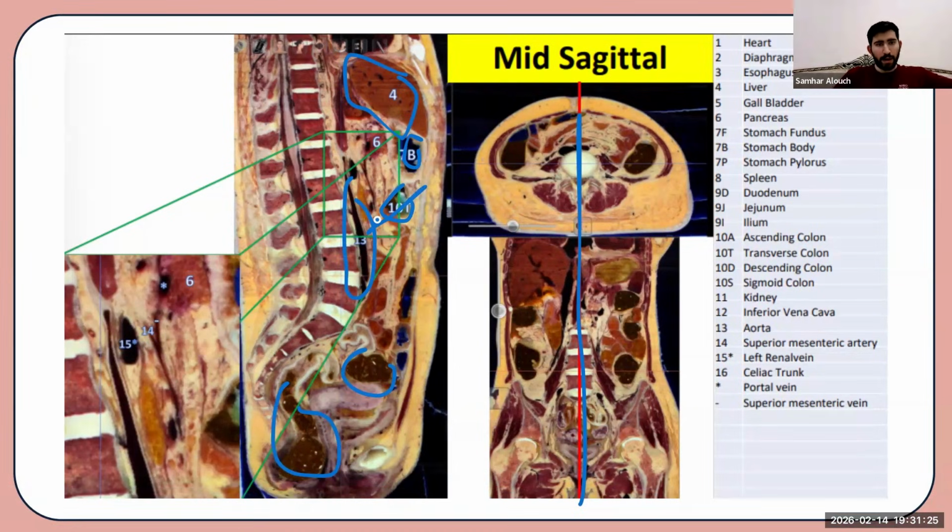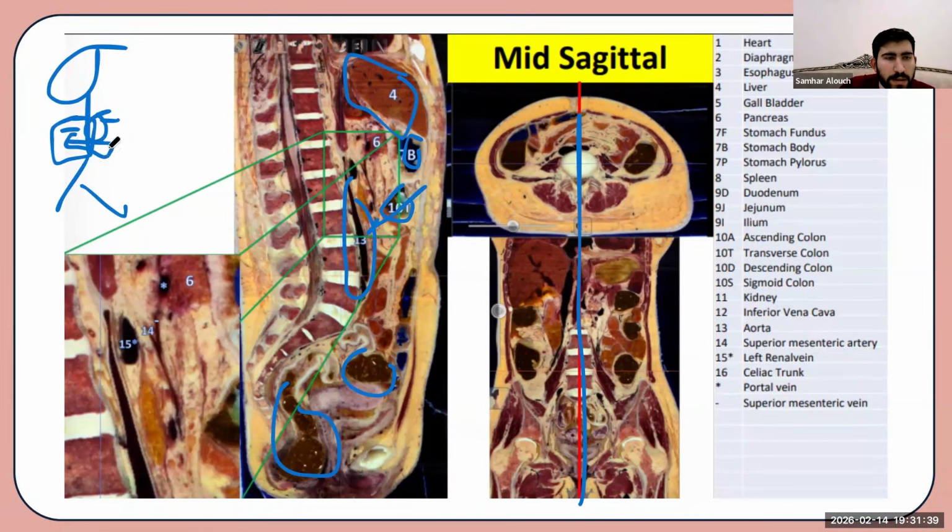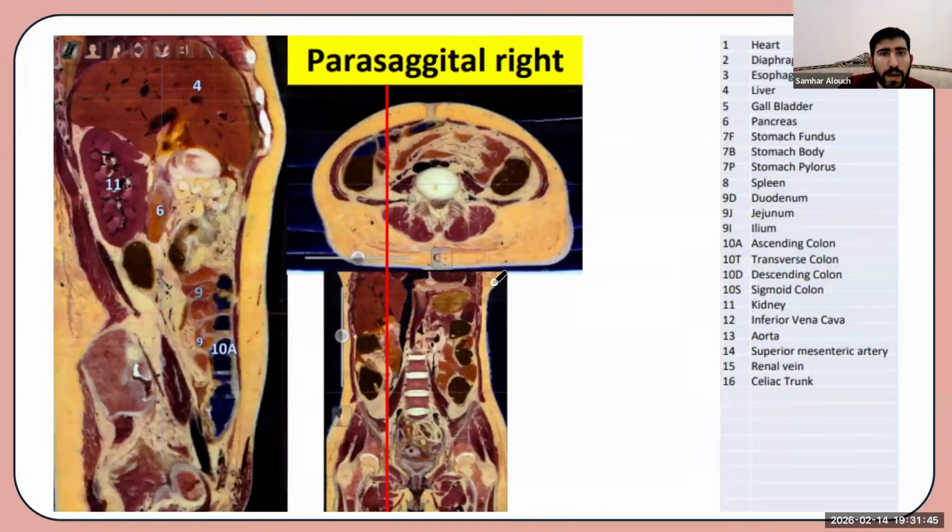See, some stuff are like on the far end, such as the spleen or like the kidneys. So in the middle, just think what in this human being will be in the middle. You will have the liver, the stomach, the pancreas, the duodenum, esophagus. See, easy.